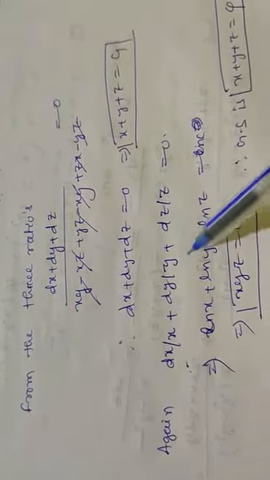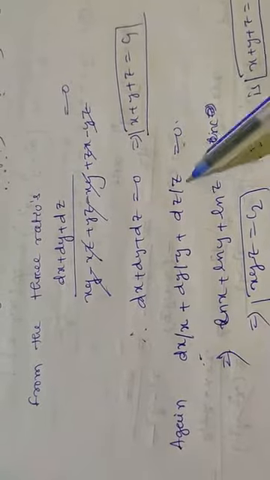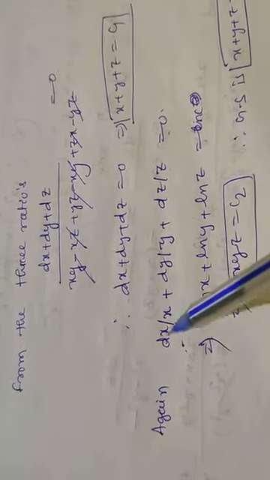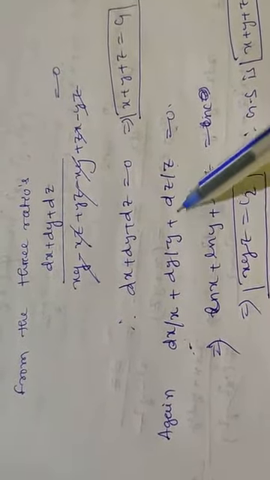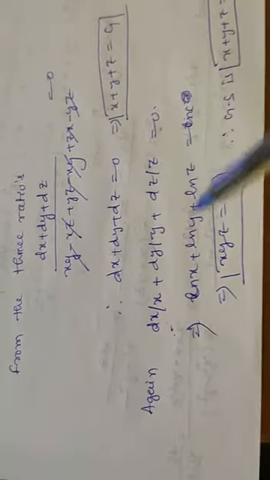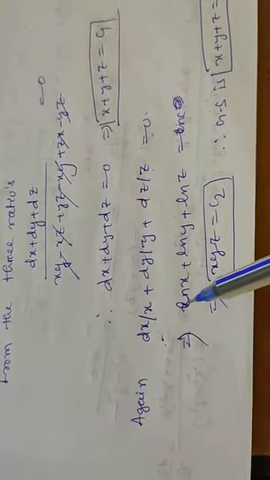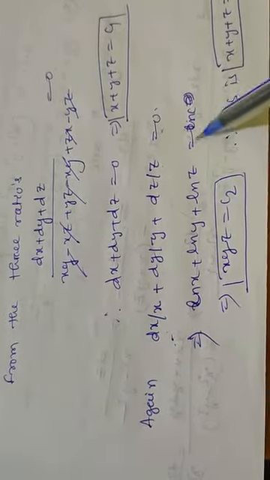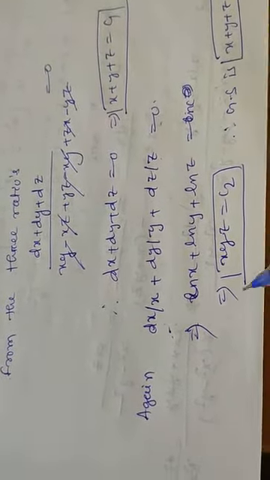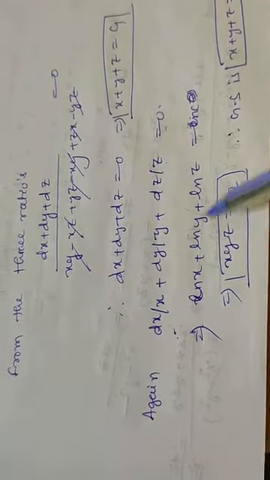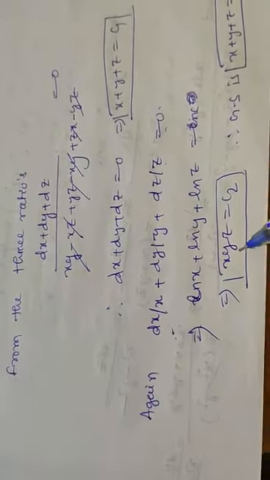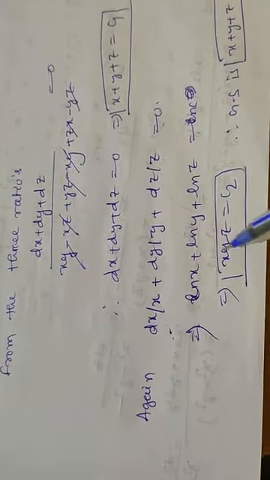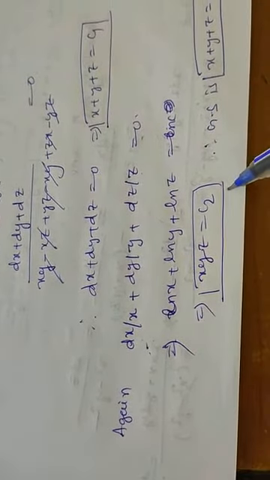So the denominator again becomes 0, so we take the numerator to be 0. Now dx/x + dy/y + dz/z = 0. On integration, we get ln x + ln y + ln z = ln c, where c is the arbitrary constant. So it is ln xyz = ln c. On taking exponential both sides, we get xyz = c2.